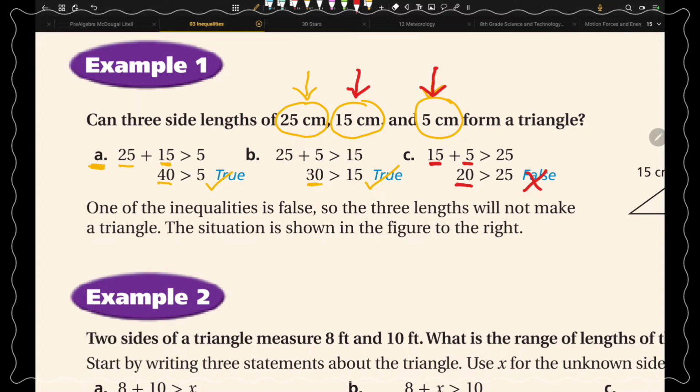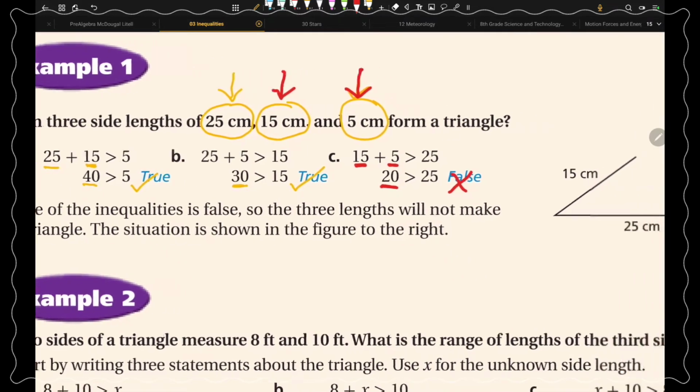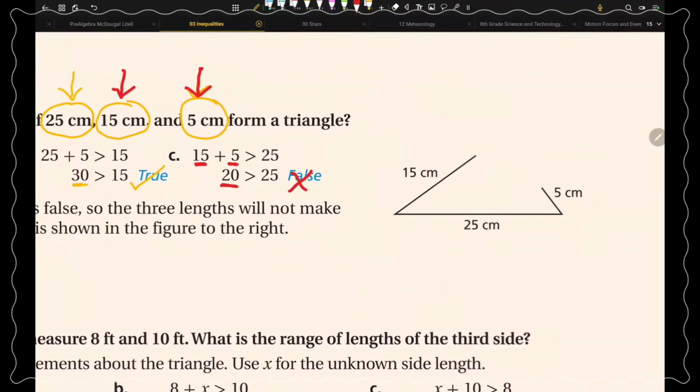What this means is that even though two of the scenarios are true, the third one is not true. And they all would have to be true for these three lengths to be able to form a triangle. So the type of triangle that you end up forming is something that looks like this. And it turns out that 5 centimeters and 15 centimeters fall short of what is needed for a real triangle to work out.